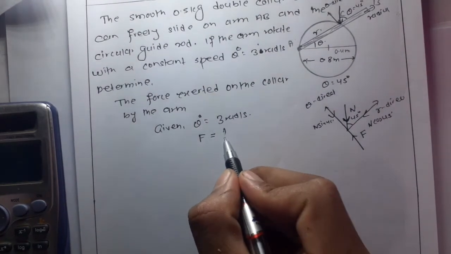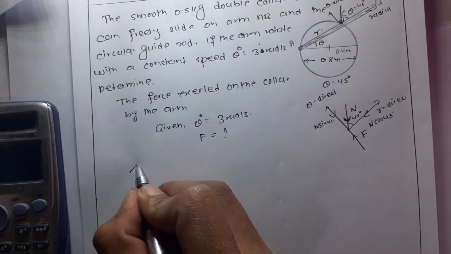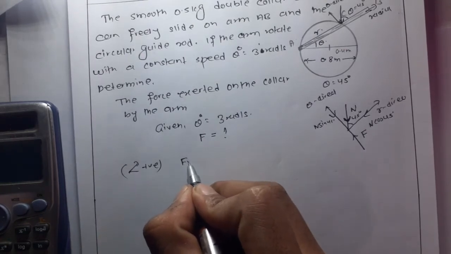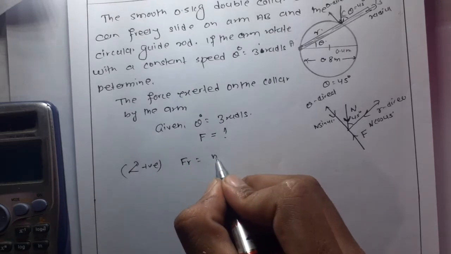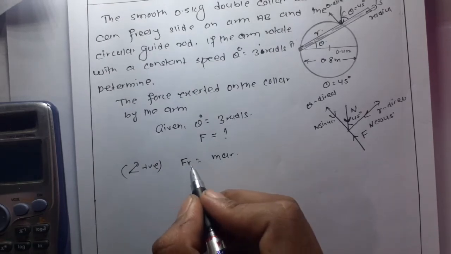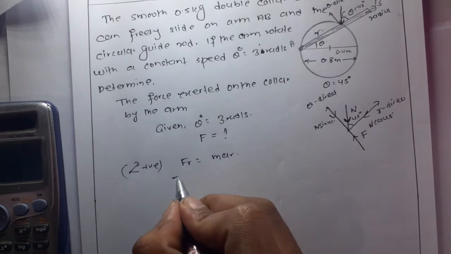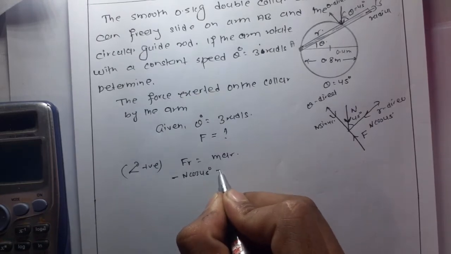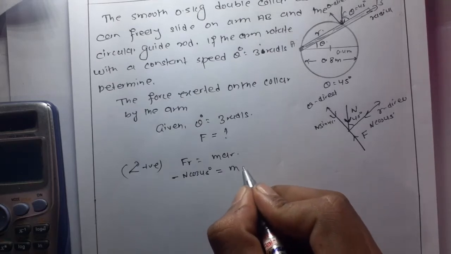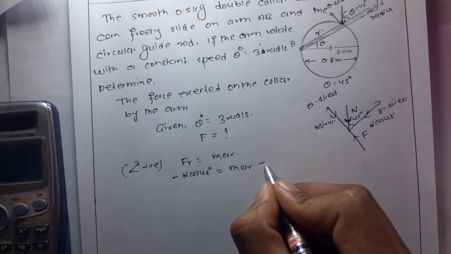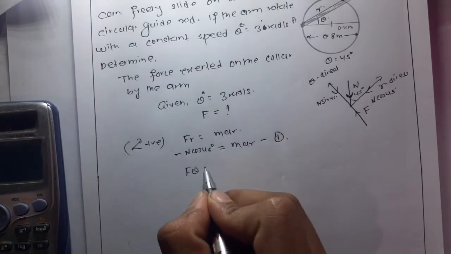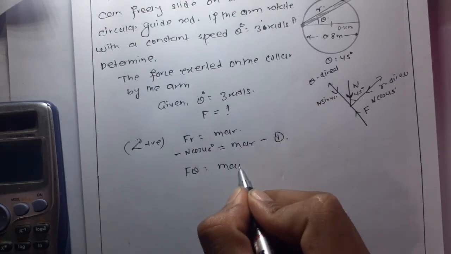Now taking this side as positive, Fr is equal to m a_r, so Fr is minus N cos 45 degrees is equal to m a_r. Let's say this is equation number 1, and F theta is equal to m a_theta.